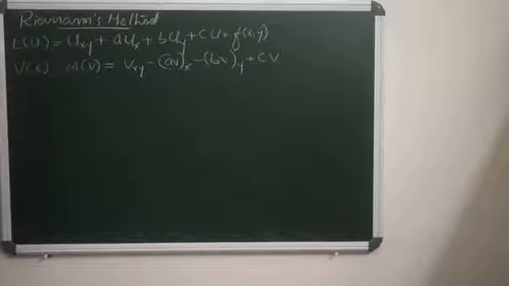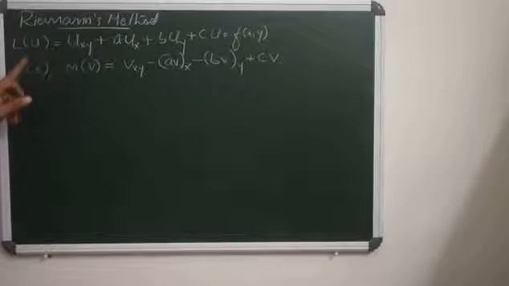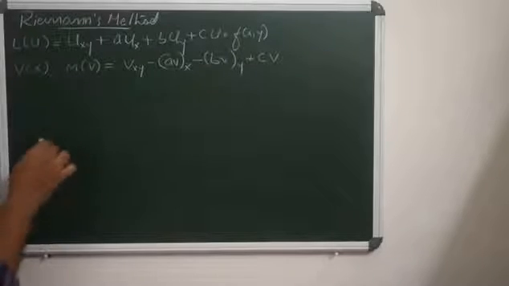Now we define another function v in this way, having second order partial derivatives: M of v equals v_xy minus (a v)_x minus (b v)_y plus c v.